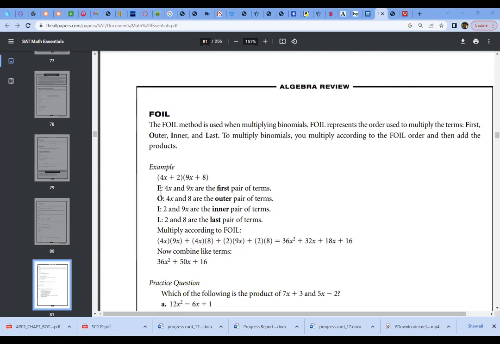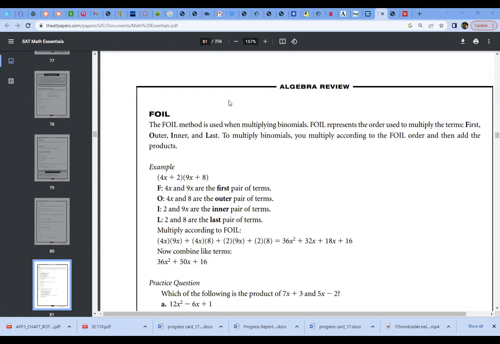First, you're going to multiply 4x by 9x. This is the first pair of terms. And then outer, you're going to multiply 4x by 8. And then you're going to multiply 2 by 9x. And last, you're going to multiply 2 by 8.